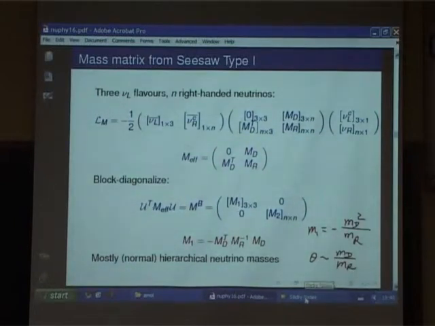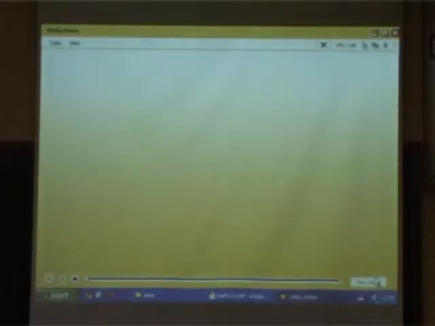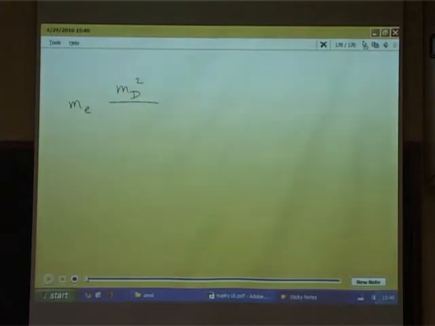Let's say there is no mixing. Forget about mixing. So then what happens? You have got m_D squared by M1, so m of electron is m_D squared by M1, m of muon is m_D squared by M2, and m of tau is m_D squared by M3. And normally what you would expect is these three will be far apart because they are really very heavy, they can be anywhere they want.